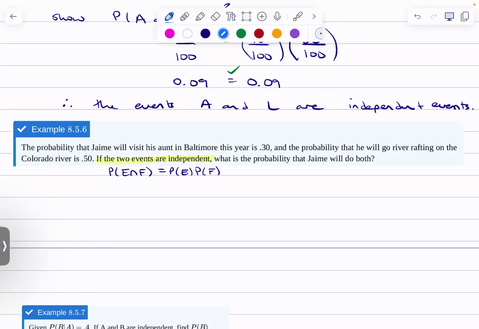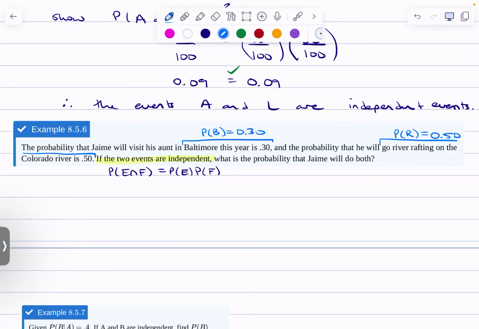And so let's see here. The probability of going to Baltimore is 0.30. And the probability of river rafting, let's call it R, is 0.50 on the Colorado River.